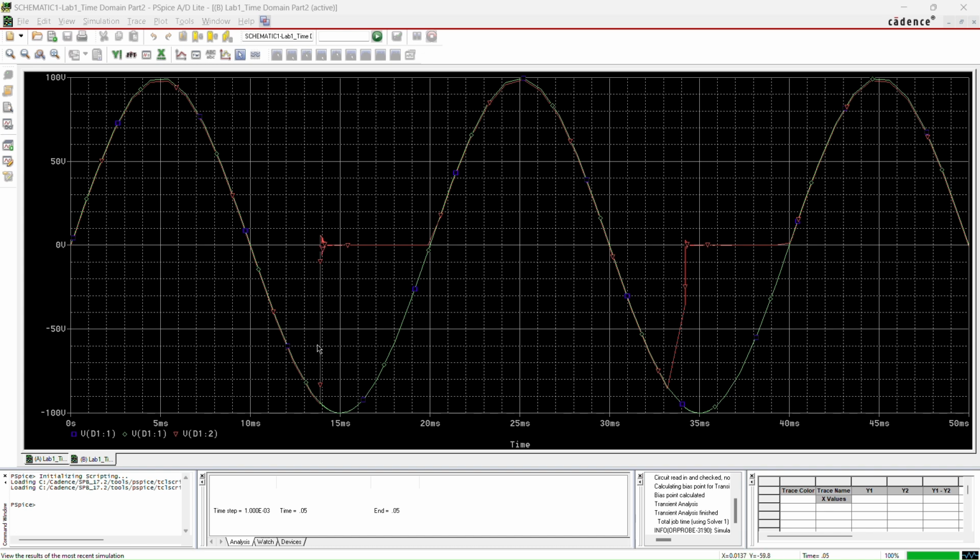The graph will not be the same because the time domain is from 10 millisecond to 50 millisecond, and we also have a curve in red color. You will see it from 30 millisecond to 35 millisecond. So this is our time domain graph with RL load.